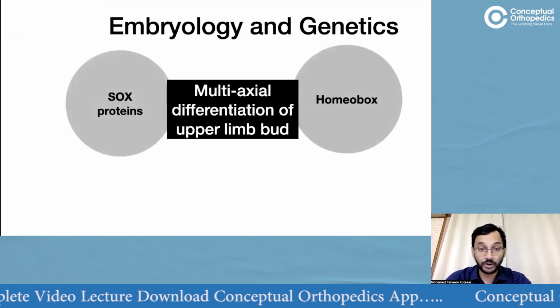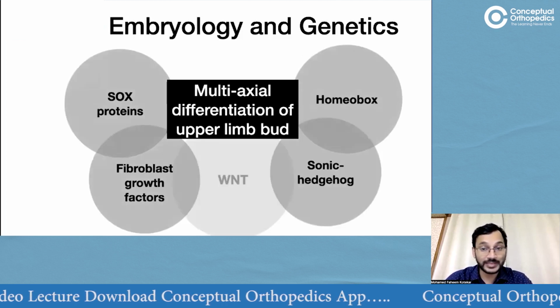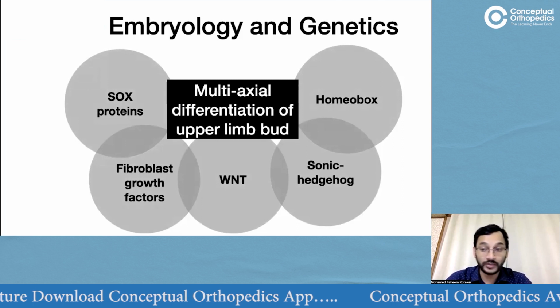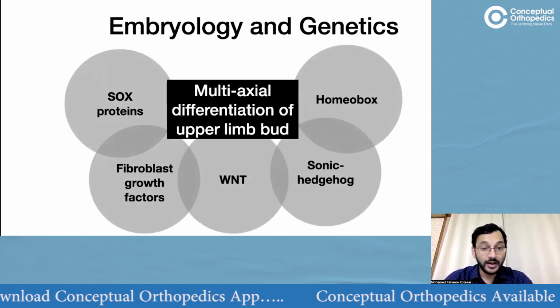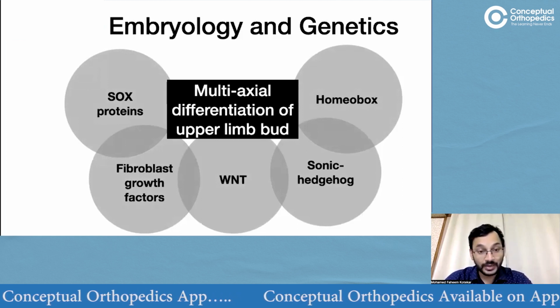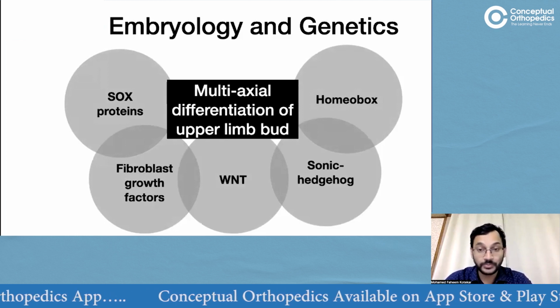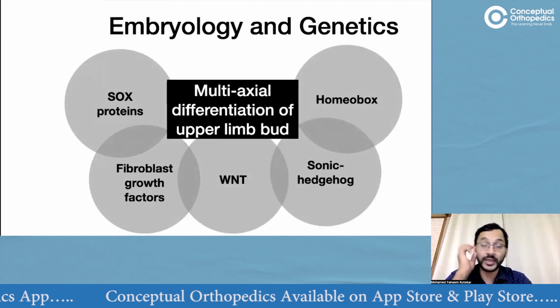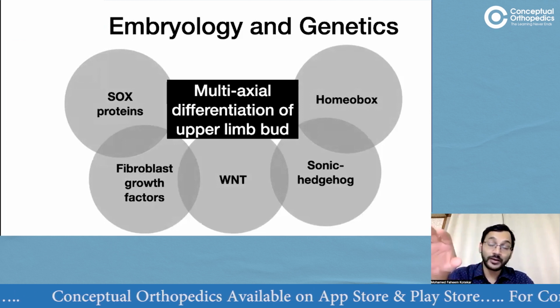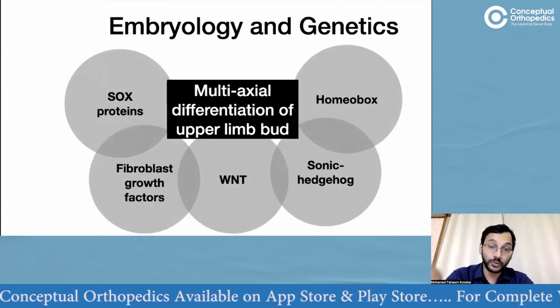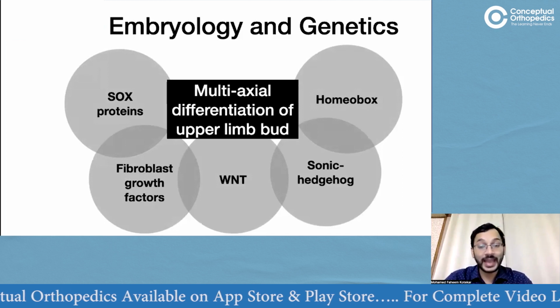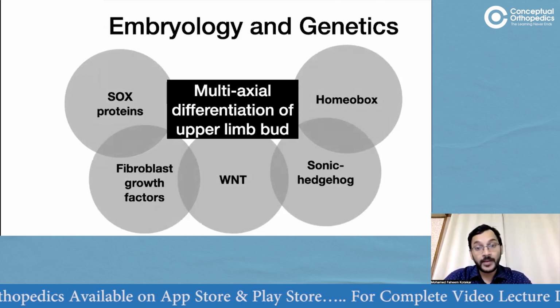We'll not talk about all of these, but a few of them are the homeobox, the sonic hedgehog, the Wnt proteins, that's the wingless type, the fibroblast growth factors, the FGFs, as well as the SOX protein. These are a few of the proteins or growth factors involved in the multi-axial differentiation of the upper limb bud.